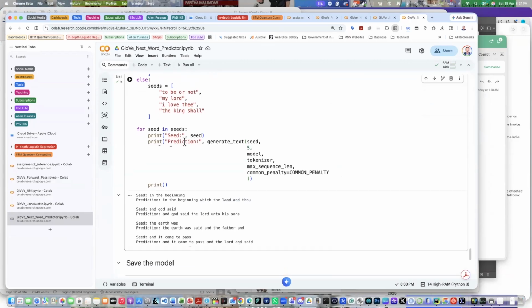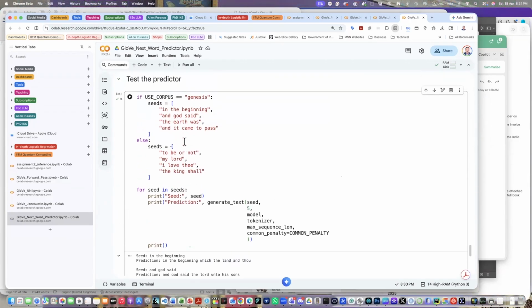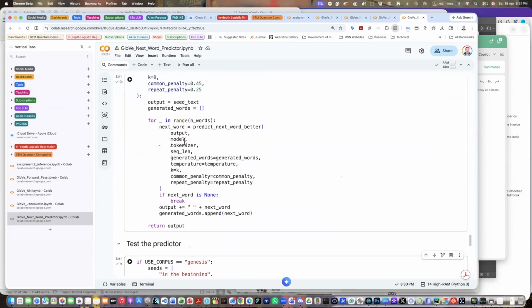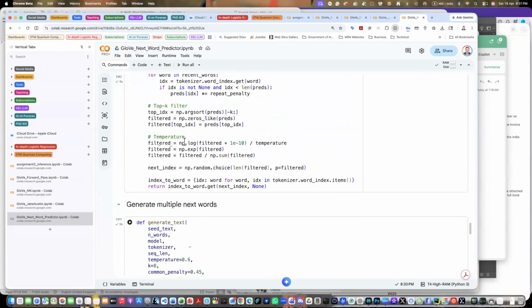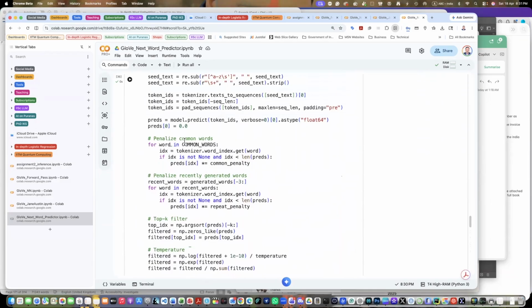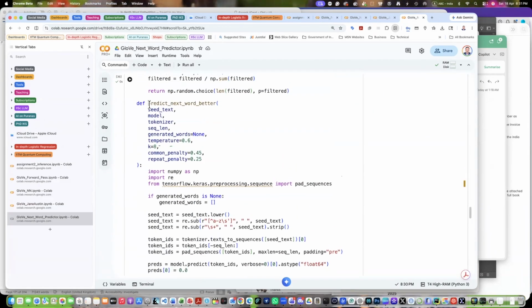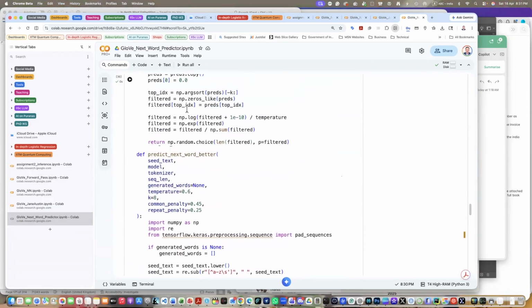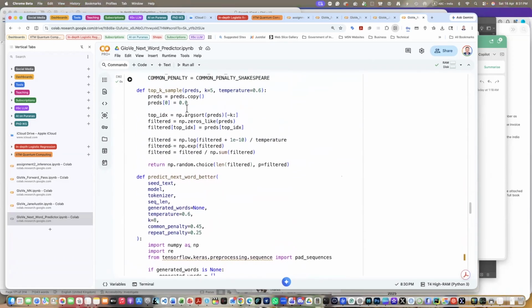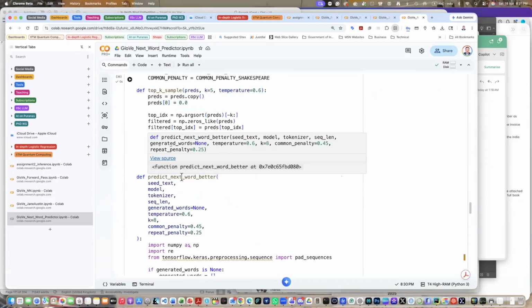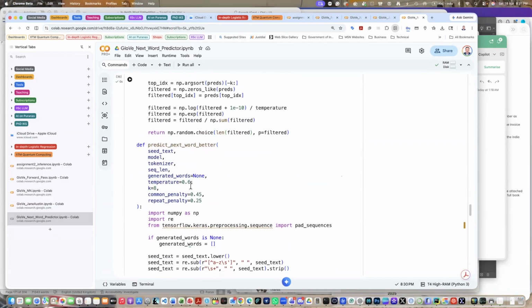Sorry, Partha, I have a question: how is it determining the order of the words that it is predicting? Okay, see, actually it is not determining that. I have two functions, so notice this very carefully. My basic function is to predict the next word. Every time I'm predicting only one word.